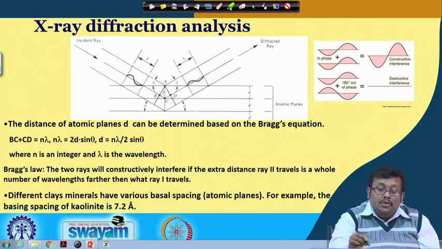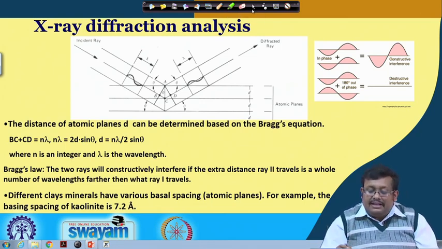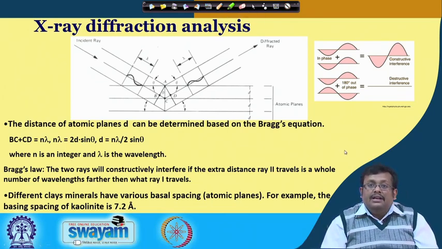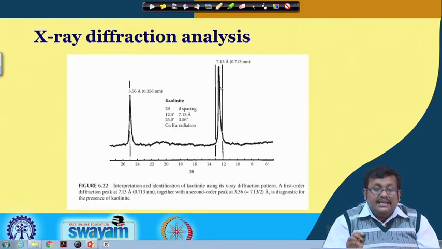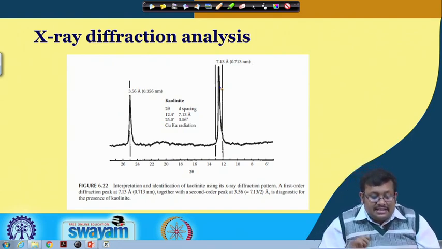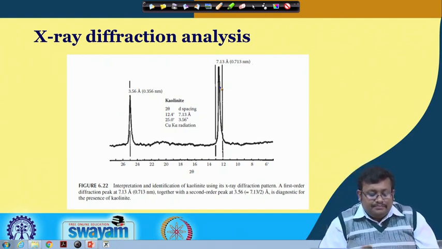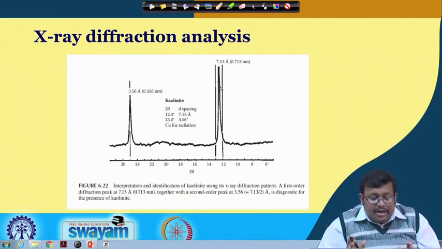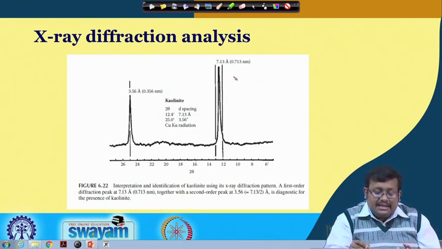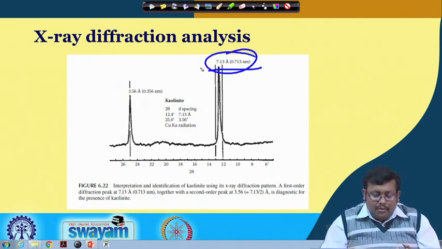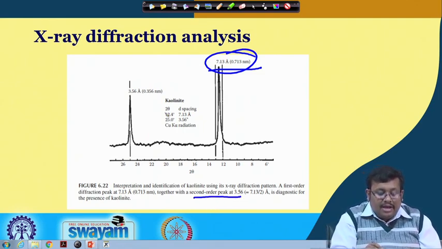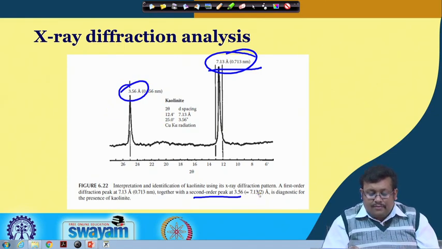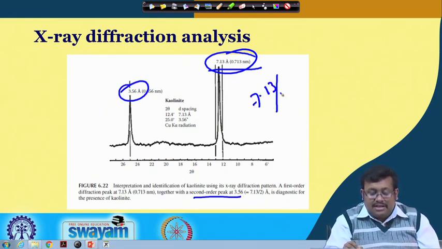The technique we use for identifying clay minerals is called the XRD or X-ray diffraction technique, in which you will see peaks like that. As you can see, the kaolinite peak arises at around 7.2 angstrom, and by changing the 2 theta value, we can get the second order peak also at 3.56 angstrom, which is basically 7.13 divided by 2.